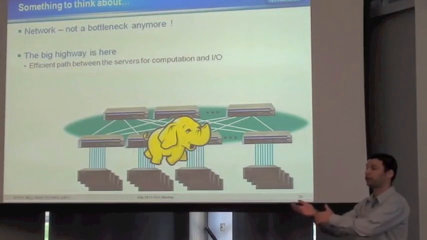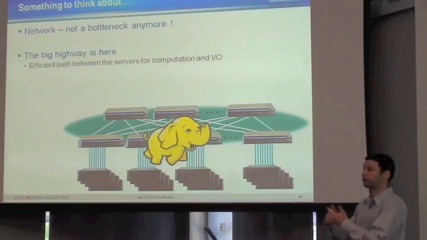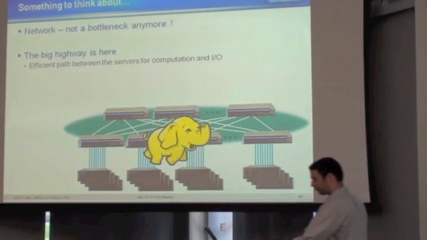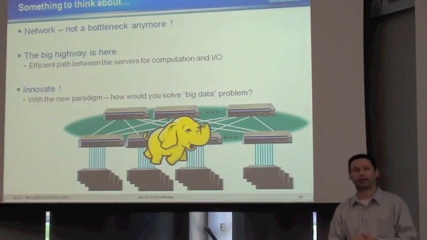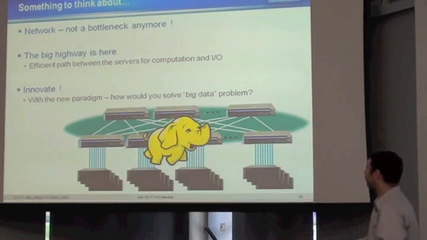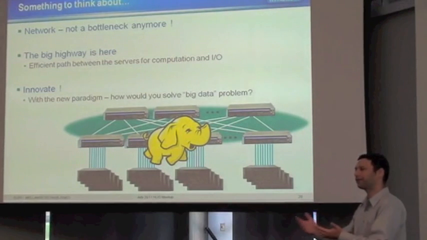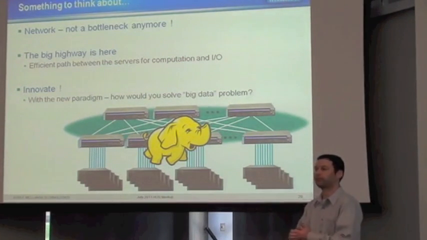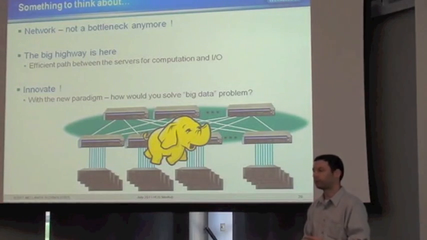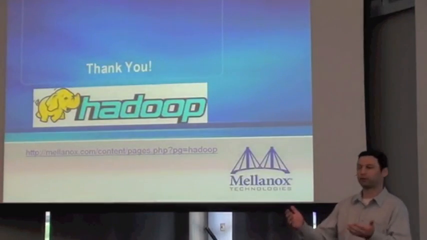You can put it in and pull it out of the network with a very efficient network, with very low latency and very high throughput. So, with those tools, can we innovate? Can we really find a new solution, a new alternative to solving the big data problem? What I'm showing is that there's a lot of room for innovation with this technology to solve the big data problem. So, that's all. I'll be happy to take questions.